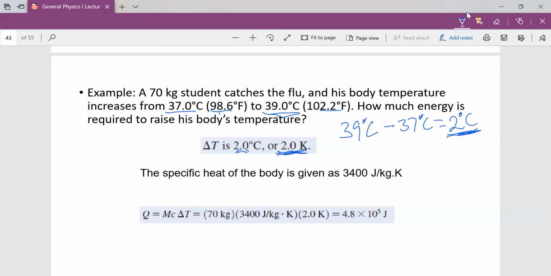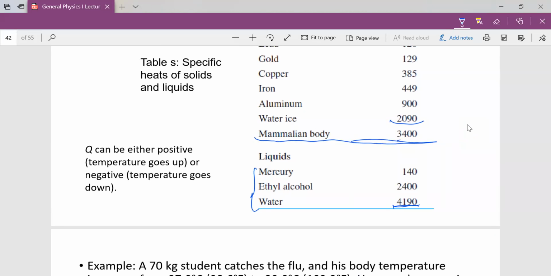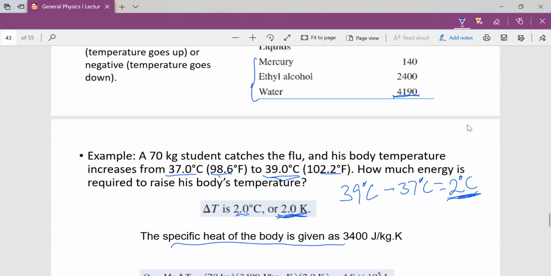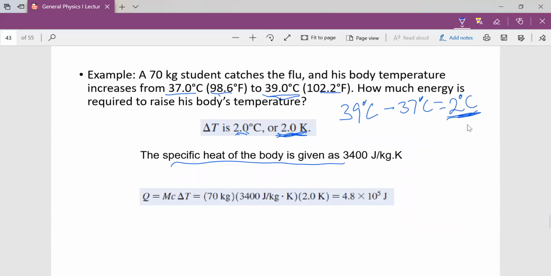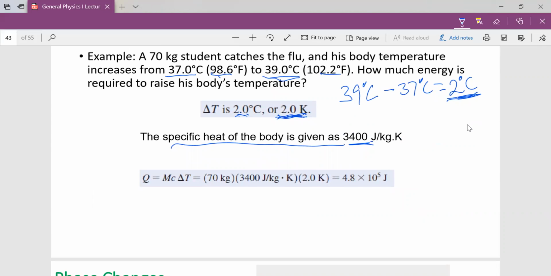The specific heat of the human body, as we have seen in the previous table, is 3,400 joules per kilogram per Kelvin. So if we use that value to solve our problem, the energy, which is the heat energy required, is equal to the product of mass, specific heat, and change in temperature.